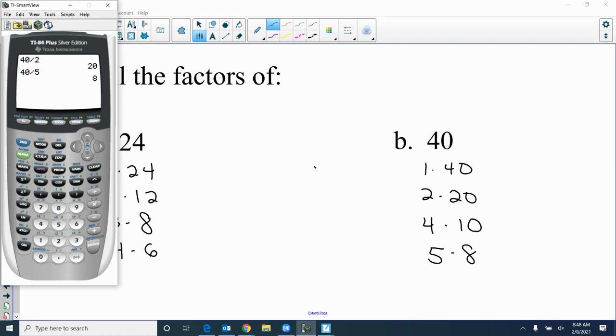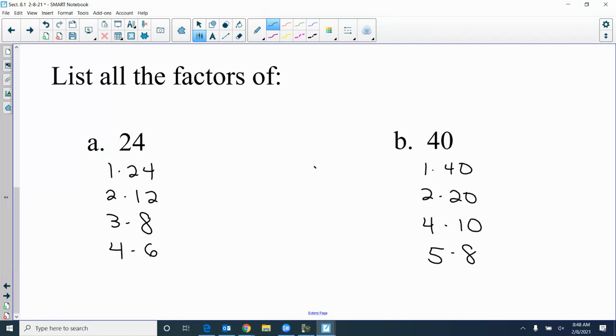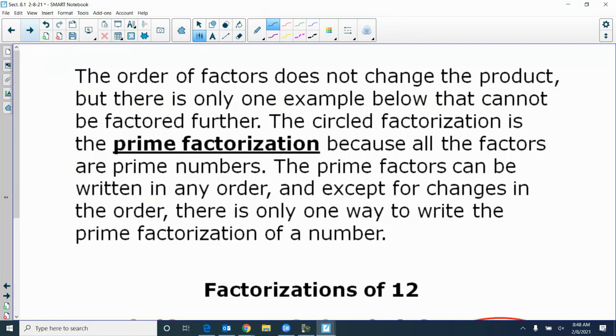So 5 times 8. 40 divided by 6 gives me a decimal, so that doesn't work. And then 40 divided by 7 is another decimal. Now I'm back to 8. And since I've already used 8, I've listed all the possible factors. The order of the factors does not change. So whether you did 2 times 20 or 20 times 2, it still gives you 40.